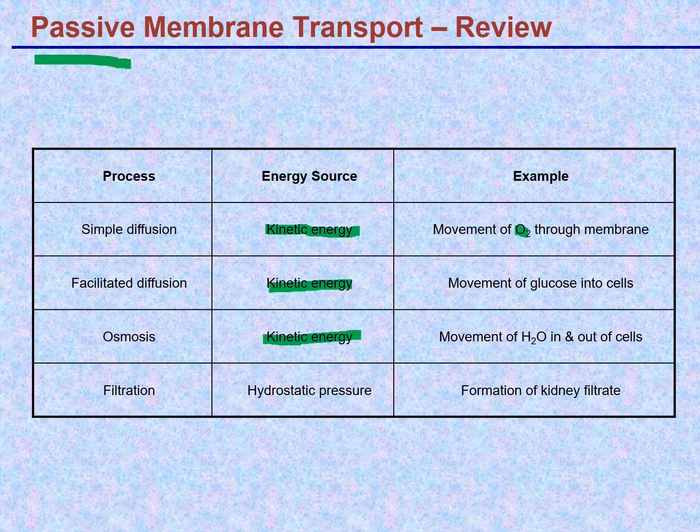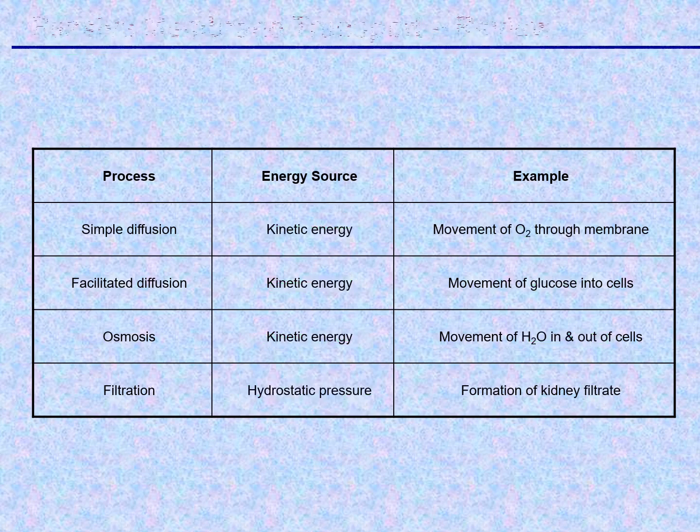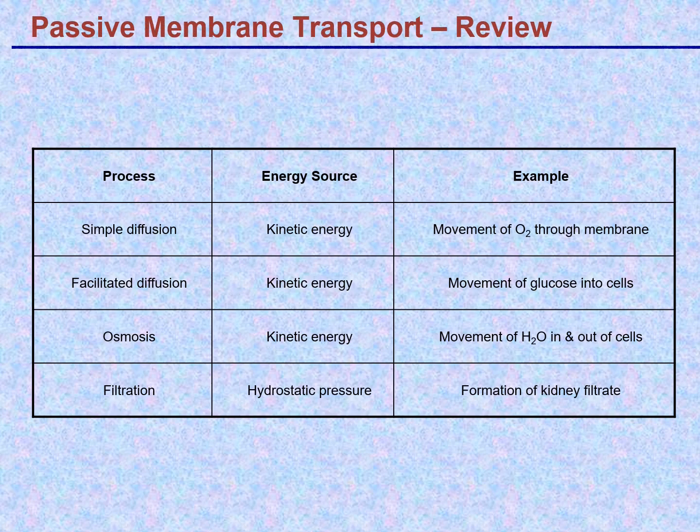A facilitated diffusion example would be movement of glucose or amino acids into a cell aided by a transporter channel, a specific type of transporter molecule. Osmosis is the movement of water in and out of cells through a semi-permeable membrane. And in the case of filtration, the driving force is the pressure gradient, the hydrostatic pressure, and that forms what's called a filtrate in the kidneys. And that's the end of Unit 2, Part 3.